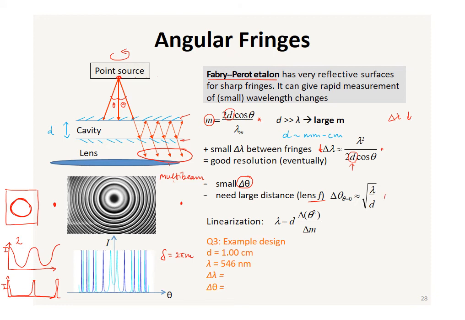Now then, if we use this approximate expression for the difference in angle that we can measure, then we can write an expression that gives us a linear relationship between the change in order and the change in angle squared, and we will have a linear relationship in order to extremely accurately work out our wavelength.